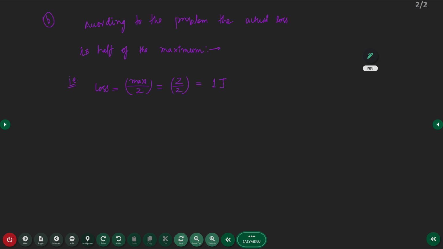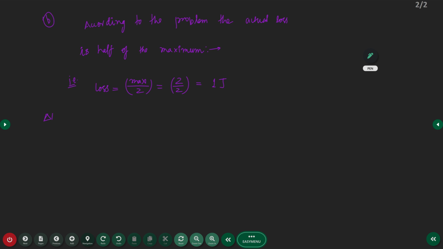Are you getting the point, Ojas, in this problem? If we need maximum loss in kinetic energy, both of the blocks will be having common velocity, that we assumed in part A. But this time the loss is not maximum because the loss is half of the maximum, right? So this time we can't take both of the velocities as common. So this time they will be having velocities v1 and v2, right?